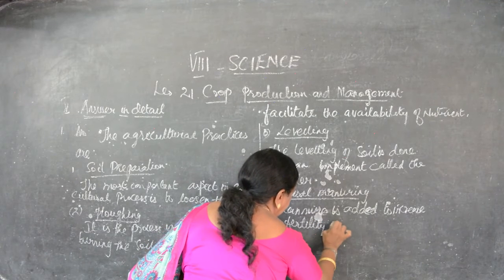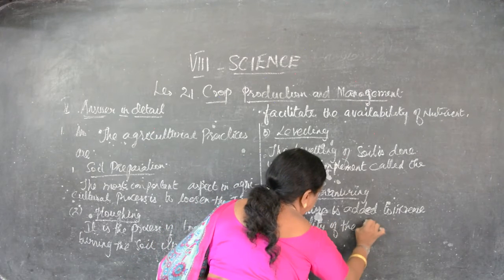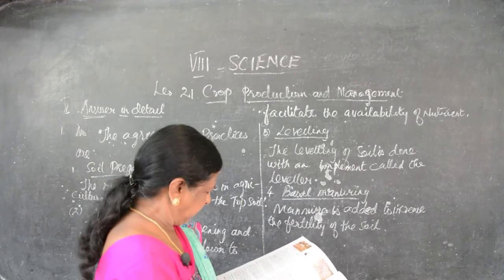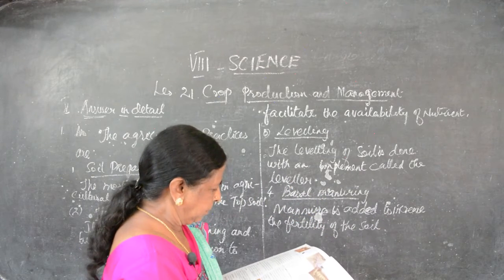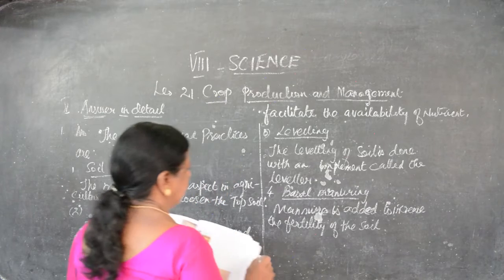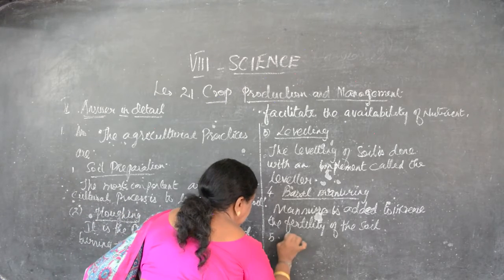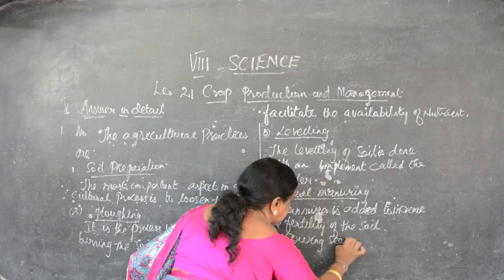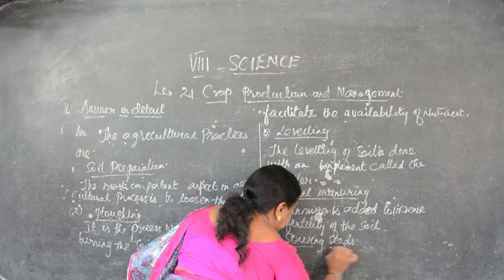Fertility of the soil. Fourth one. Fifth point is sowing seeds. These are the agricultural practices. Sowing seeds.